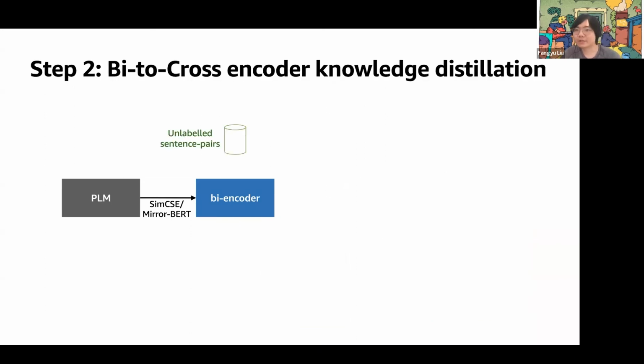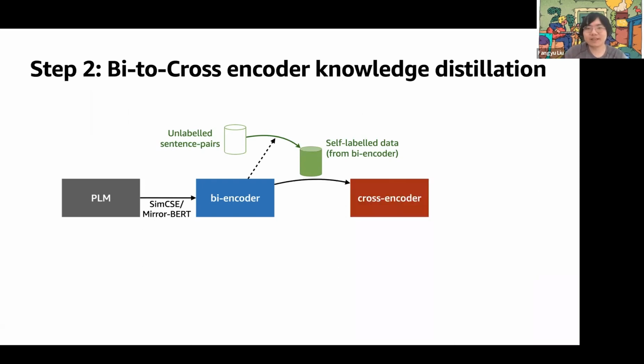After having this relatively strong bi-encoder, we sampled sentence pairs which are unlabeled. We used the bi-encoder to give similarity scores to the unlabeled sentence pairs. Then we get a dataset, which we call a silver dataset, with pairs of sentences and their similarities. With this dataset at hand, we can train a cross-encoder in a supervised manner.